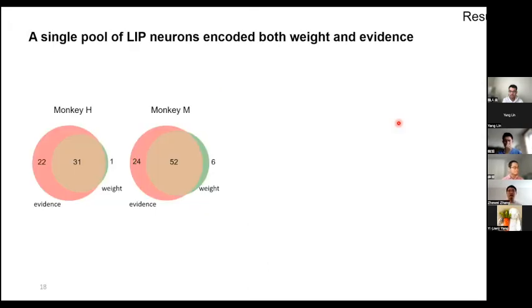Another thing I'd like to share about the weight and evidence is whether there are separate groups of neurons encoding the weight and the evidence. I think the question is whether there are two separate groups or only one group of neurons encoding the weight and the evidence. First, we showed that in both monkeys, most neurons encoding evidence tend to encode the weight as well.